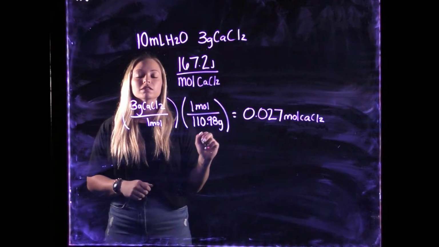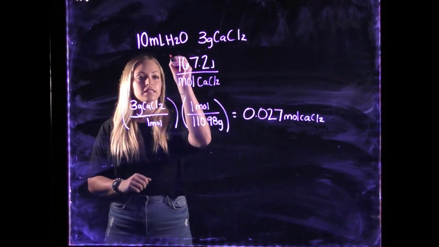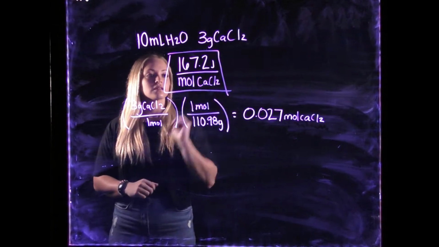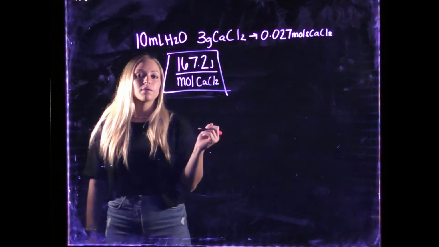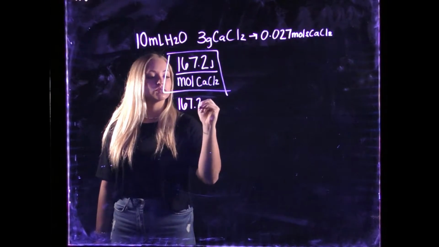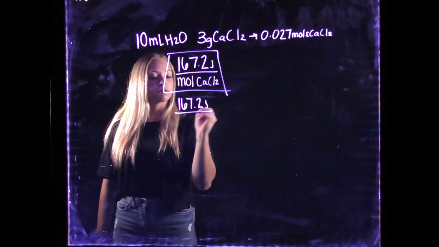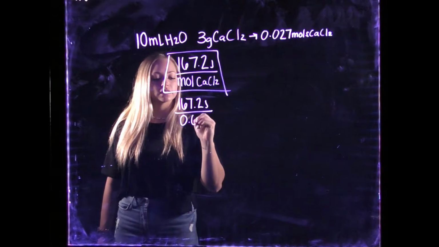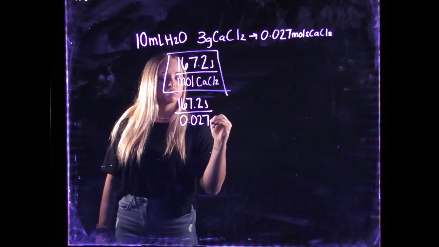So now that we have the moles of CaCl2, we can plug it into this. So now we can divide by our moles. So that gives us 167.2 joules divided by 0.027 moles.